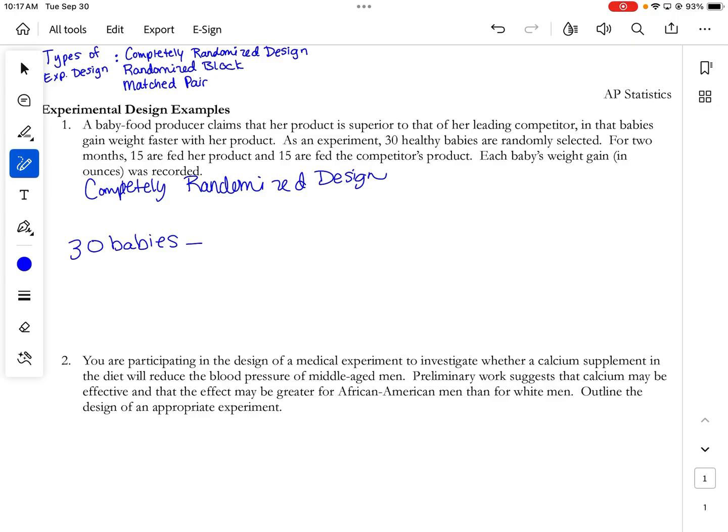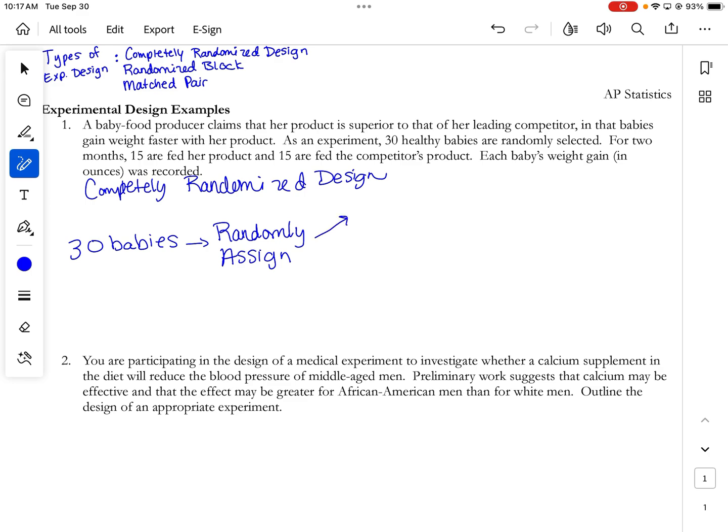Okay, so we start out with our experimental units, which are our subjects. So we have 30 babies. What do we do with those 30 babies? Randomly assign. It doesn't ask us how we're randomly assigning, so we can just leave it like that.